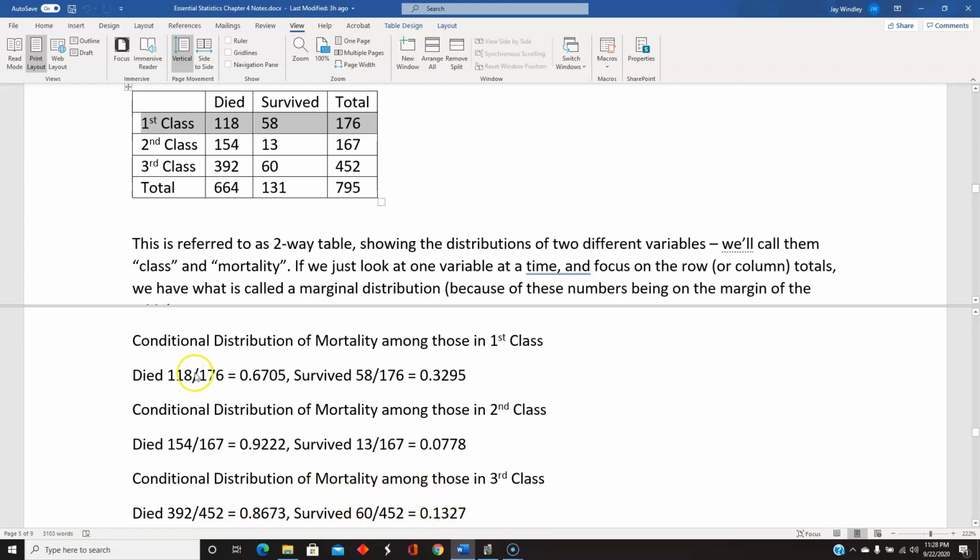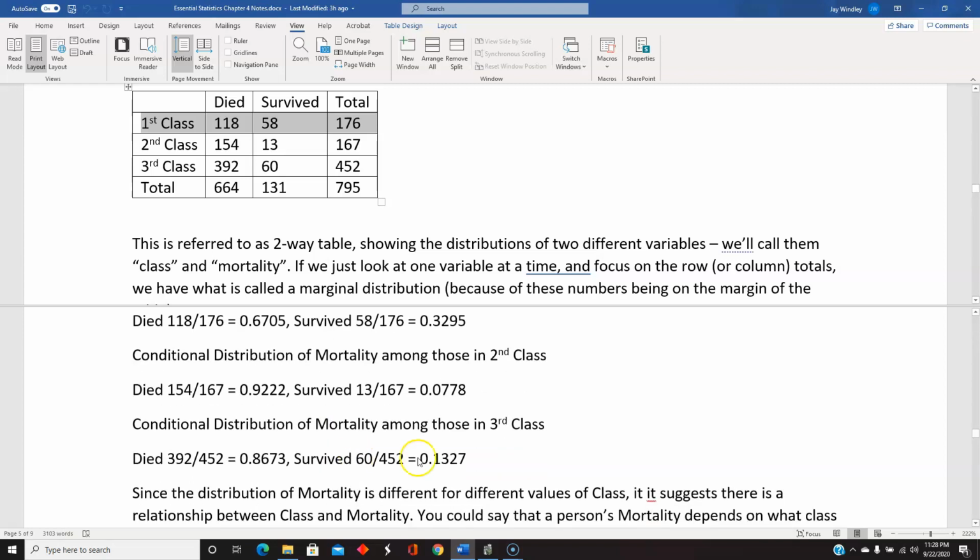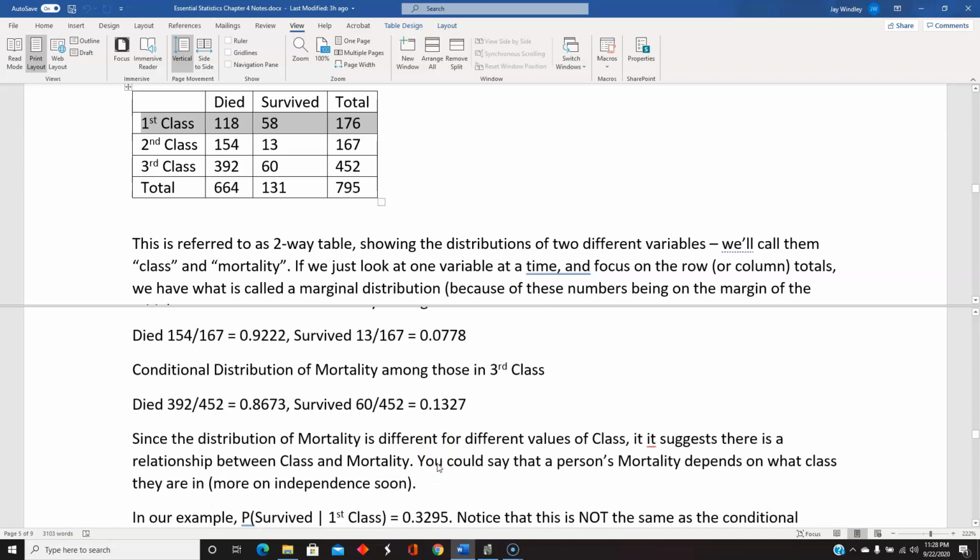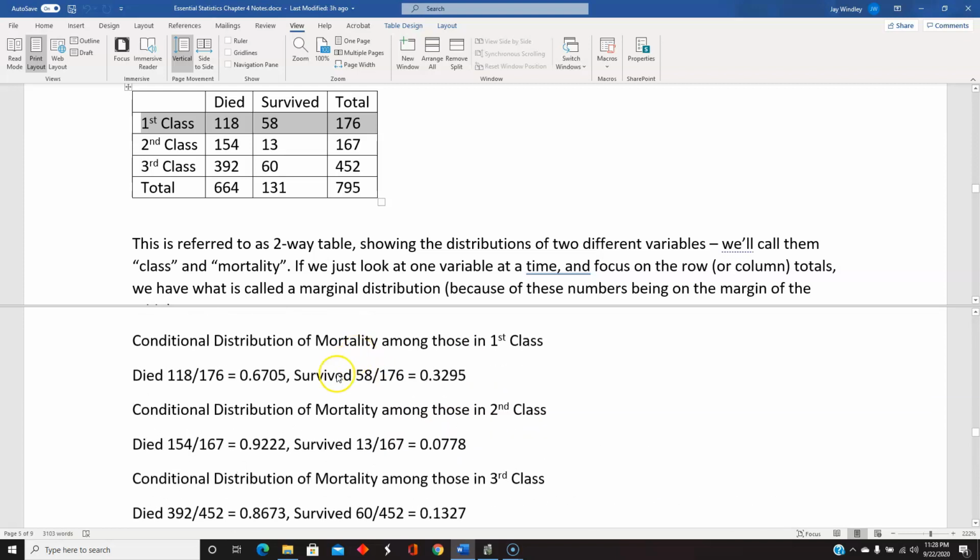So again, the distribution of mortality is different for each of the three classes, suggesting that there's a relationship between mortality and class. So those are also conditional distributions, and these decimal numbers are also conditional probabilities. The probability that someone survived, given that they're in third class, is 13%, while the probability that someone survived, given that they're in first class, is 33%.